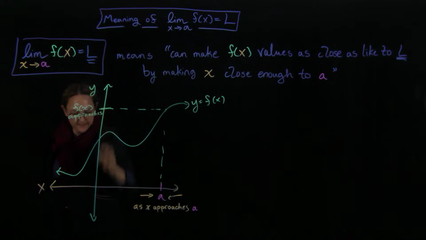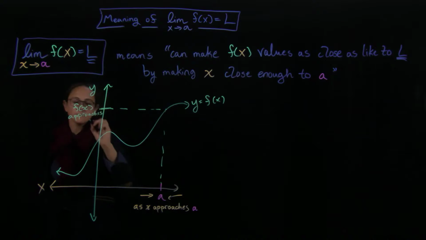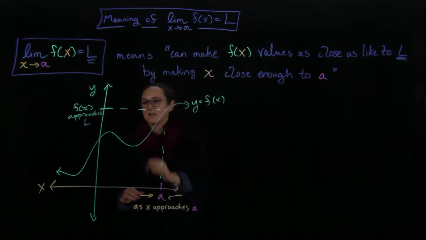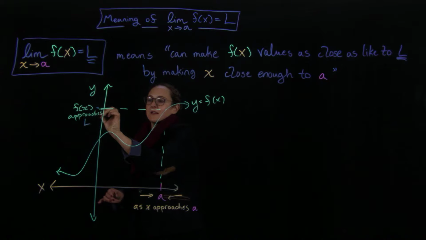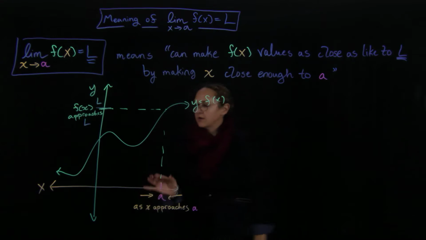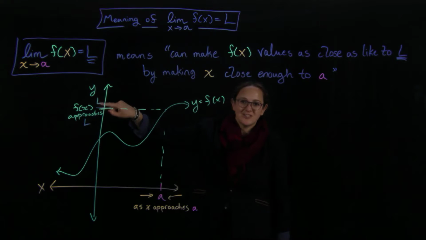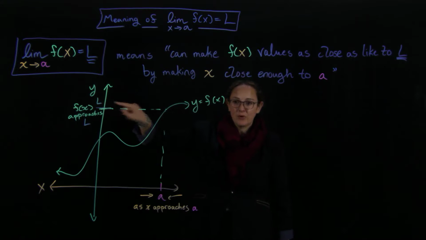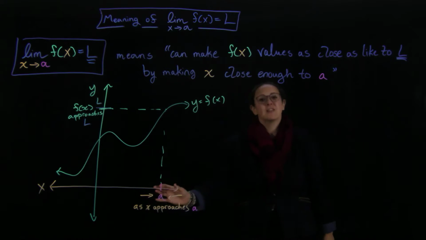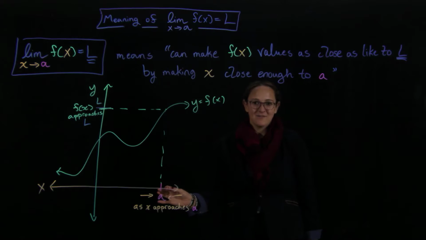It's going to get very close to that value L. So I can get as close as I want to this L value as my output by getting x values close enough to a.